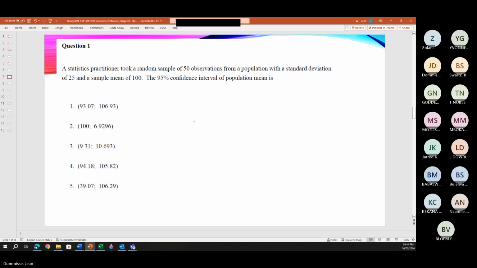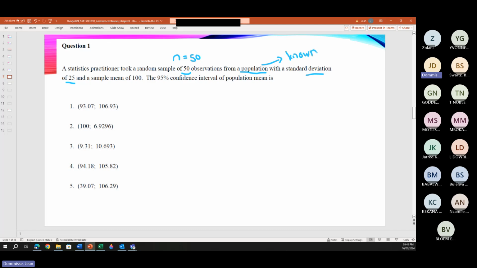So a statistics practitioner took a random sample of 50, so we know n is 50, from a population with a standard deviation of 25. So the population standard deviation, that tells me that I know what the standard deviation is.